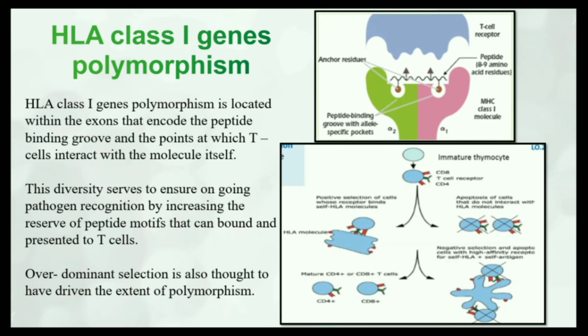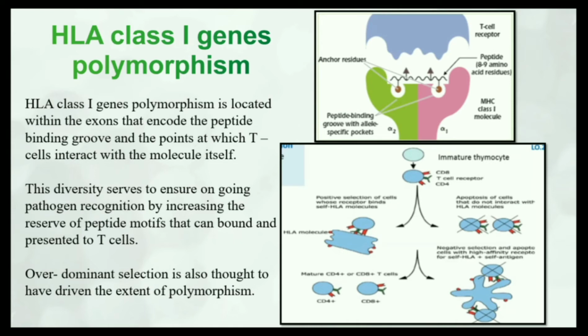During positive and negative selection, in positive selection the cells with suitable affinity for binding to cellular molecules will be selected, while cells that do not interact with HLA molecules will be negatively selected. Apoptosis occurs to these cells.